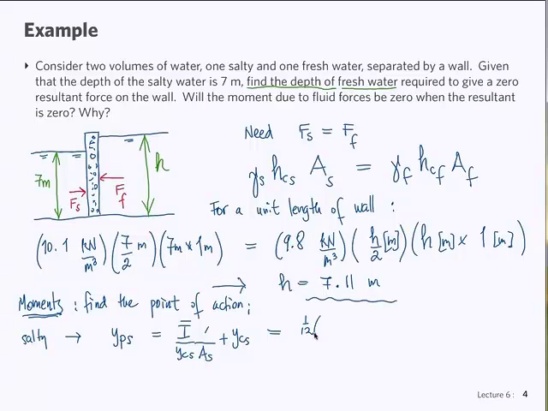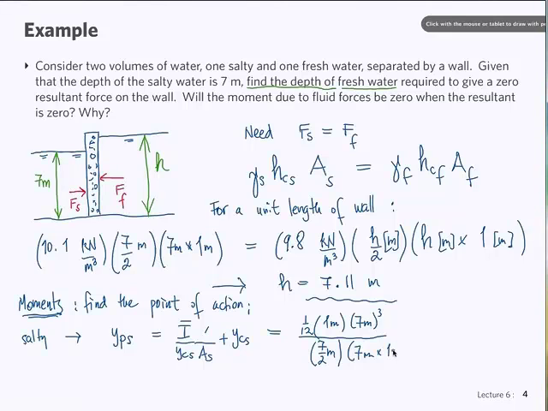So 1 over 12 times, let's just look at 1 meter depth of the wall again, so 1 meter times the h, which is 7, cubed, divided by, on the salty side, the location of the centroid, which is 7.5 meters, and the area, which is 7 meters times 1 meter, plus the depth of the centroid, 7.5 meters.